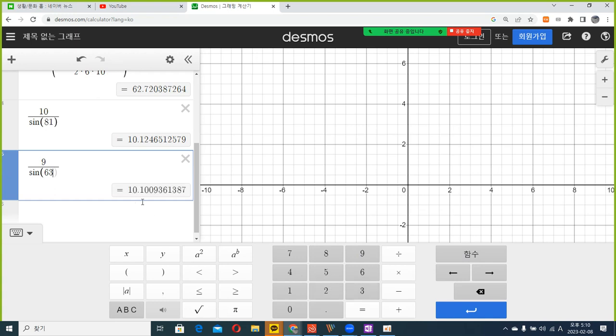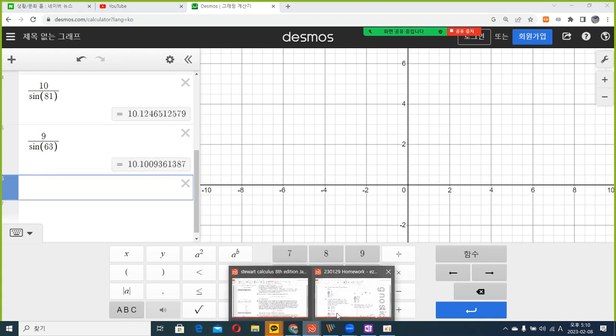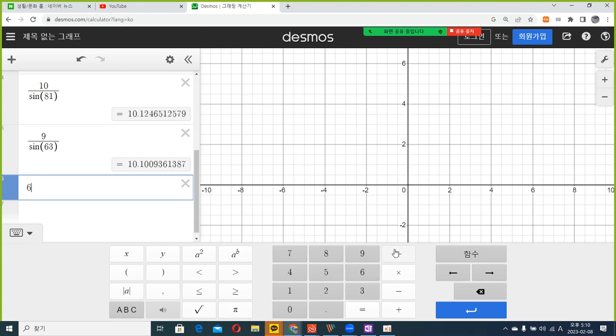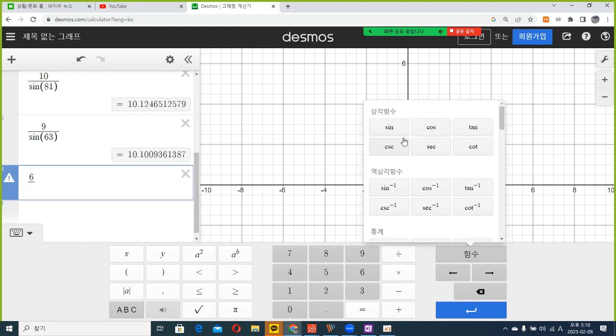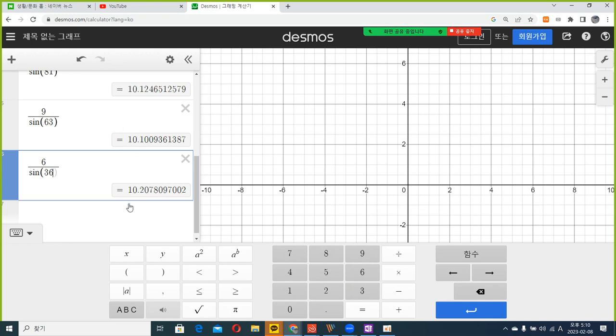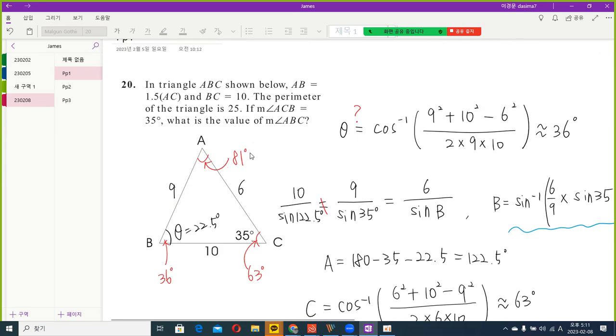The second ratio is also about 10.1. Now the third ratio is about 10.1. So now these three ratios are all the same, so the law of sines works. So actually the correct angles are 36, 63 and 81 degrees.